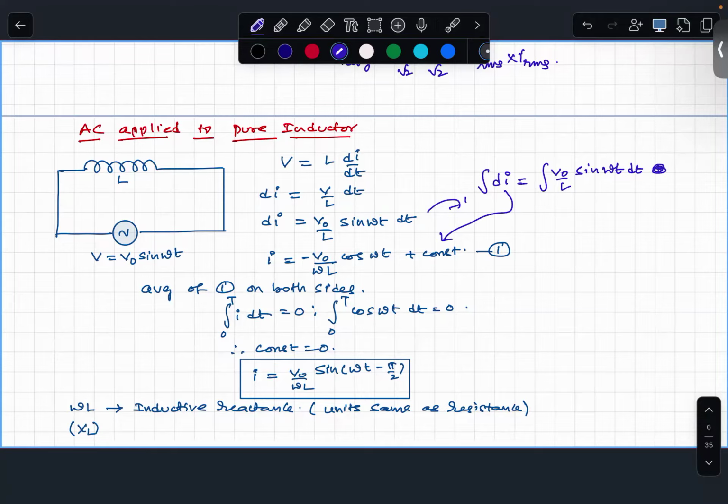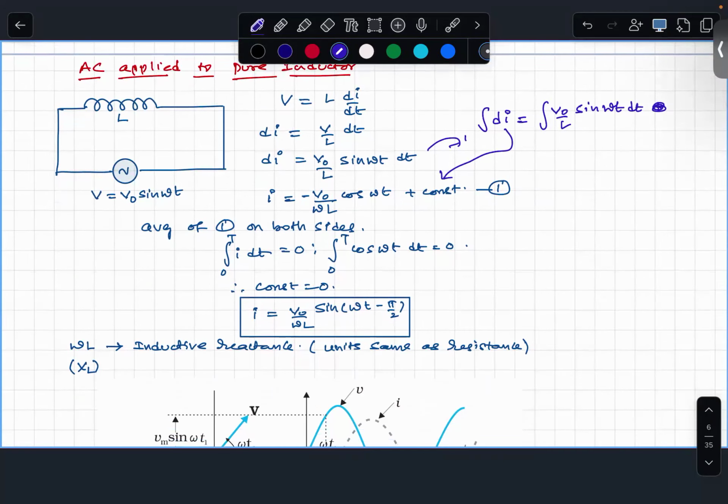I have no idea about the initial situations. So now I got a function I is minus V naught by omega L cos omega t plus some constant independent of time.